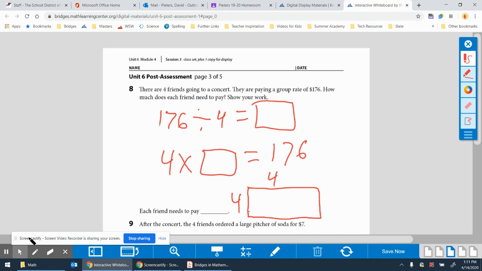If I do 4 times 40, because I know 4 times 4 is 16, so 4 times 40 is going to be 160. That got me really close right away. And now I only need 16 more to get up to the next number. And once again, 4 times 4 is 16. 160 plus the 16 gets us up to our target of 176. So our 4 friends each has to pay $44.